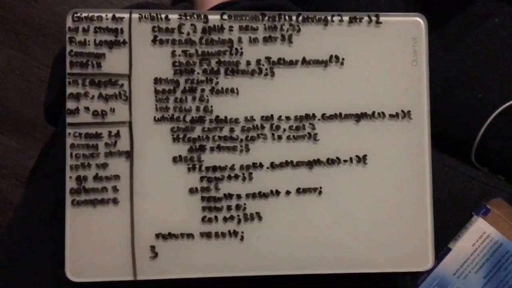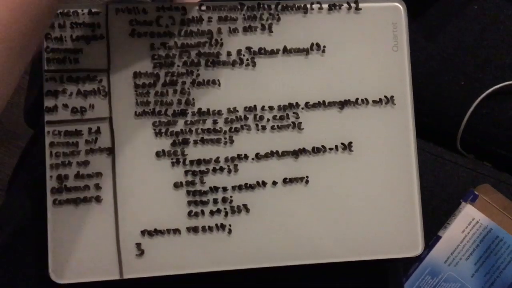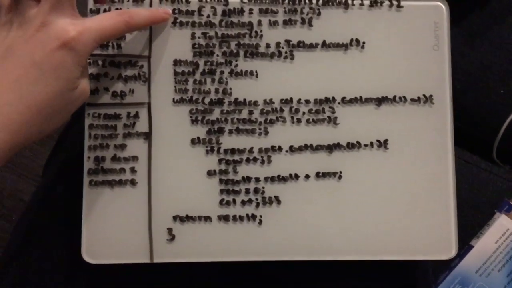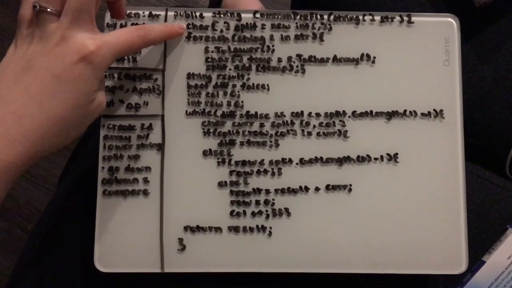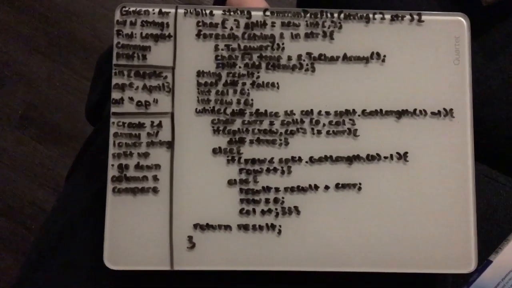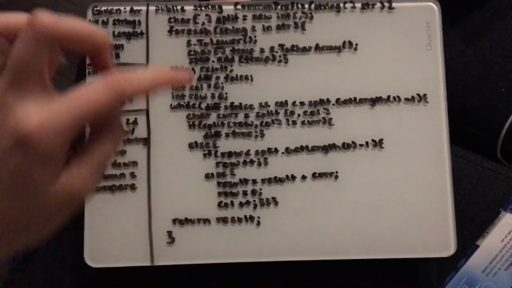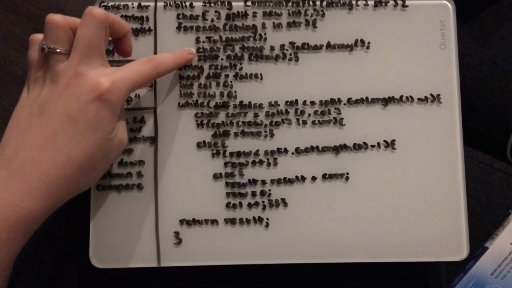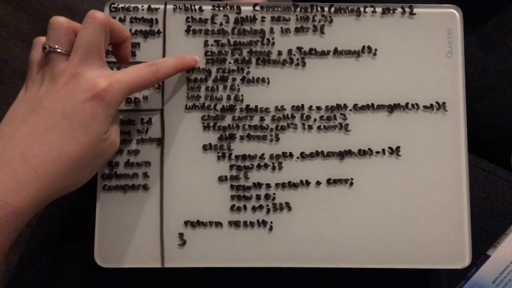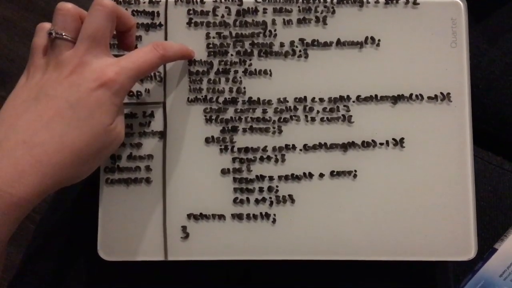Okay, so I've written the method. We're going to output a string. We're given a string array called str. I created a character 2D array called split. For each string, we convert the string to lowercase, then split it up into a character array and add it to our split 2D array.